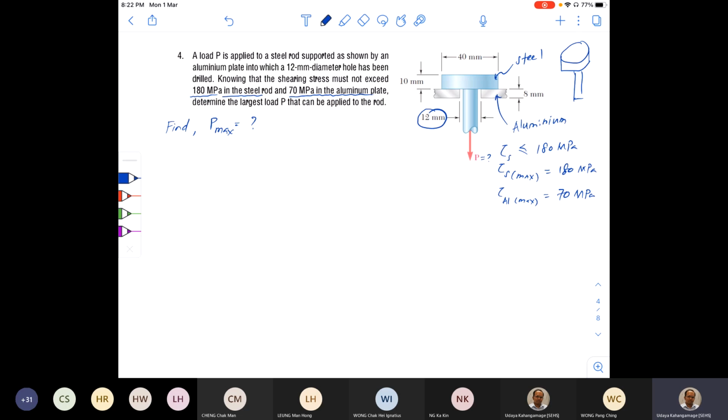Let's see how this whole system can fail. We really don't know whether the steel is going to fail or the aluminum plate. So we'll take both possibilities, do some calculation and see which one fails first. If the steel is going to fail, I pull it downwards with P and assume the aluminum plate is perfectly rigid and not going to fail.